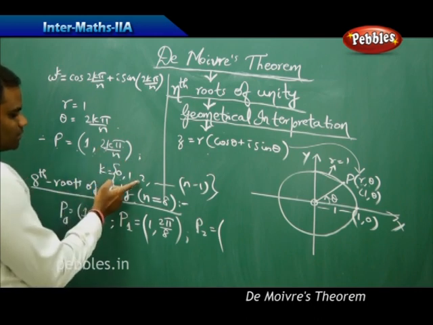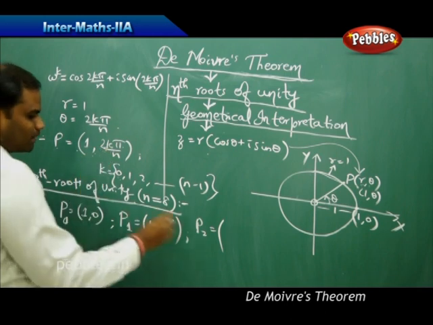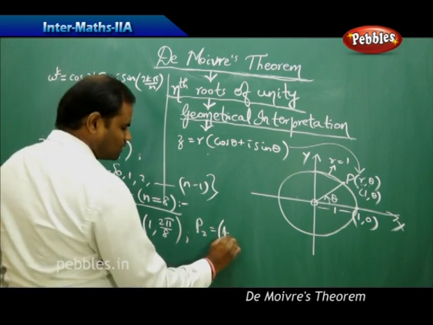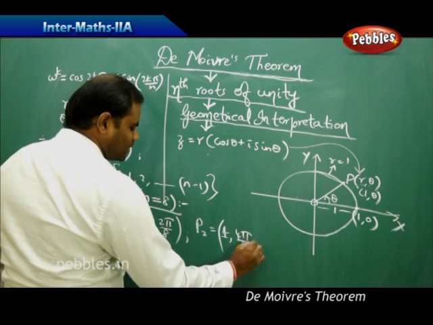and then when I put n equal to 8, k equal to 2 gives 4 pi by 8, 1 comma 4 pi by 8.